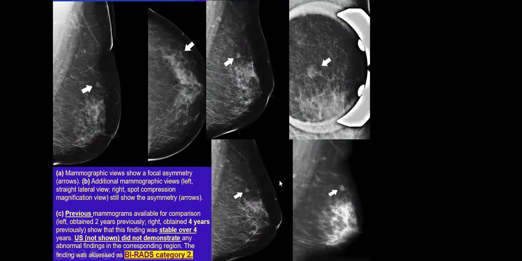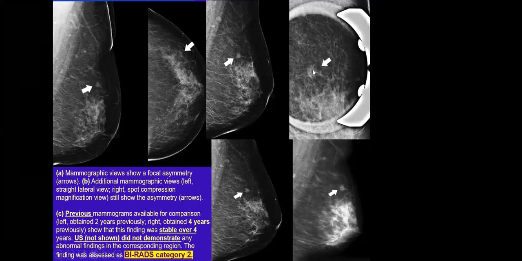See, so we have to go for the previous mammogram available for comparison. It was obtained 2 years previously, and we even have one from 4 years previously. And this focal asymmetry was stable for the 4 years. So it will be BI-RADS 2.